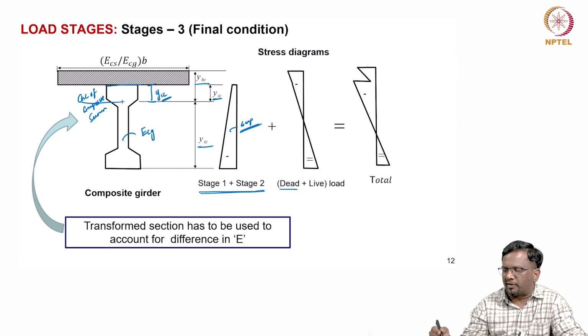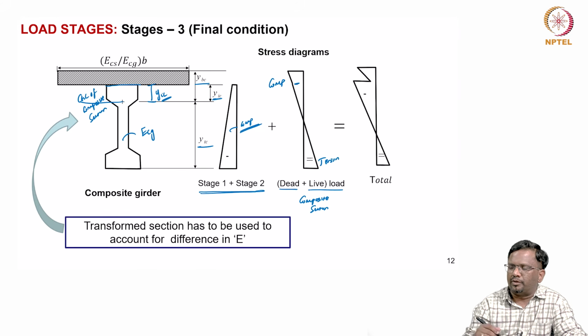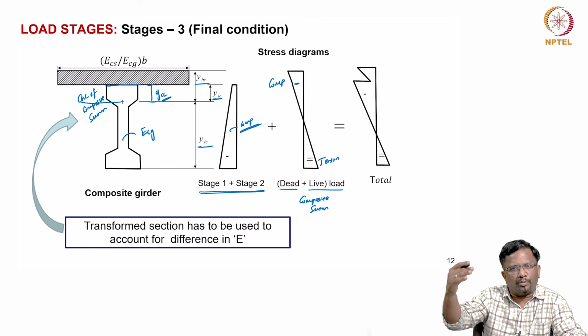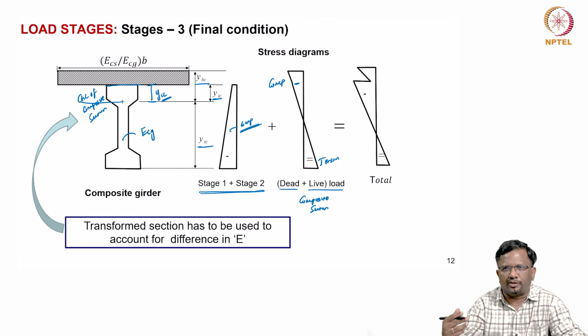Now, other extra dead load and live load, everything will be acting, and that will be resisted by the complete composite section, right. That is going to create, say, compression, and this is tension. This entire composite section is going to transfer the stress.